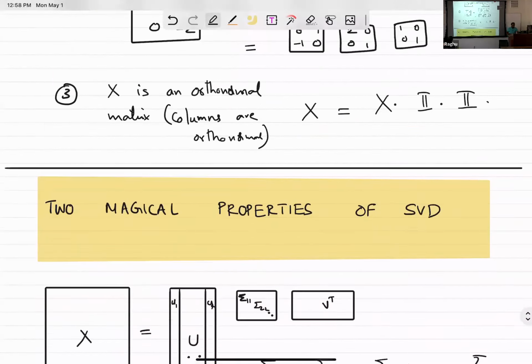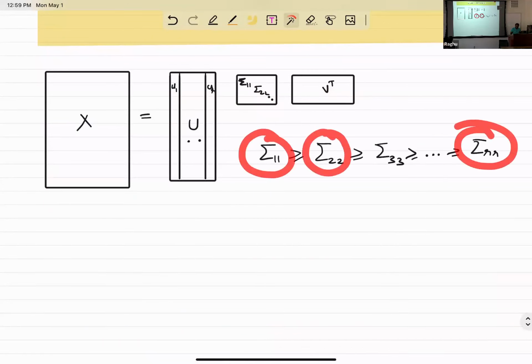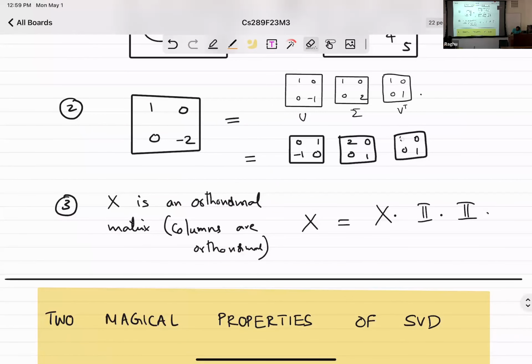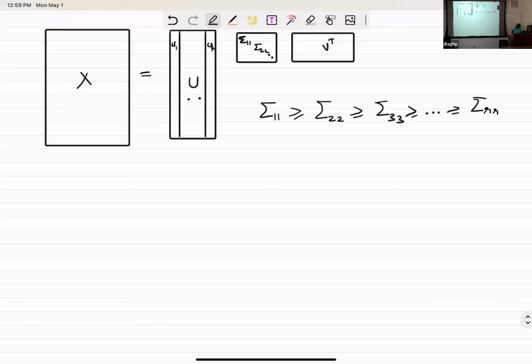I can permute things so that I have this set of inequalities. The largest one is at the top. I think I should have permuted this too.